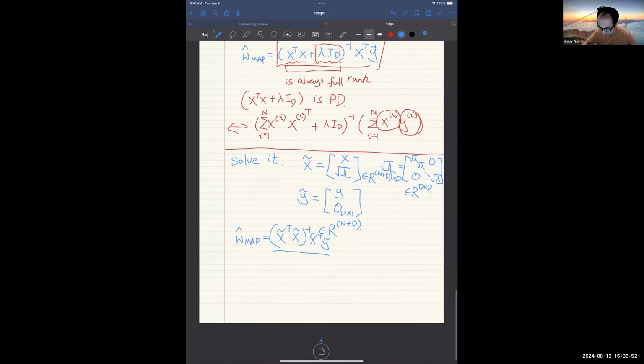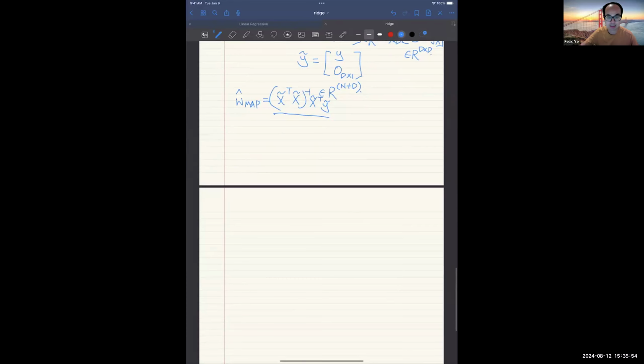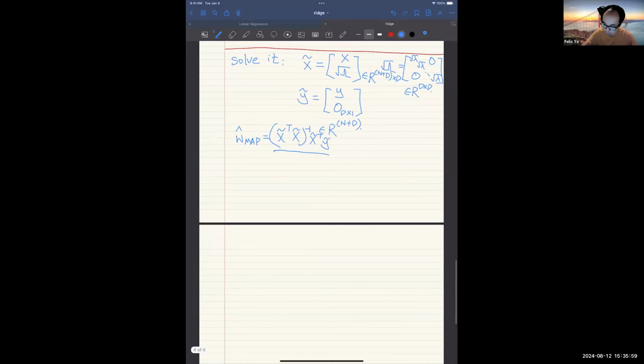Why? Let's just look at that. In terms of this new X2 and Y2, the loss here will be (Y2 minus X2 w) transpose (Y2 minus X2 w).